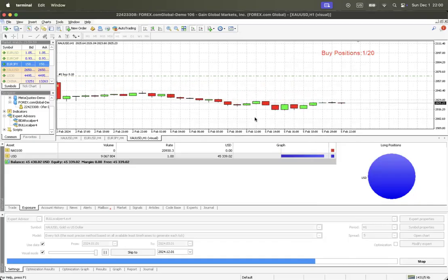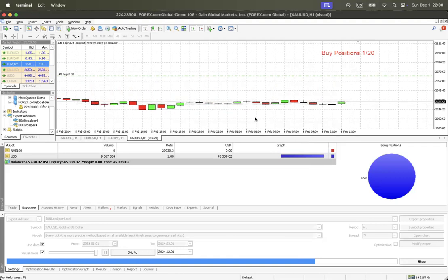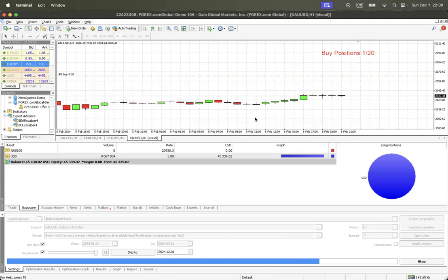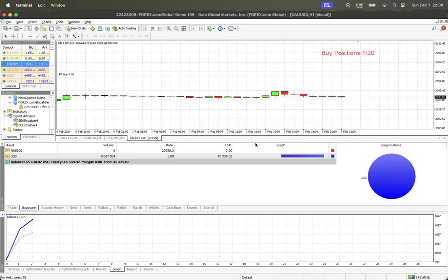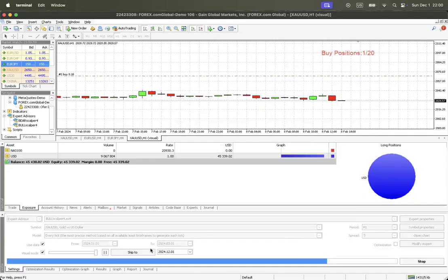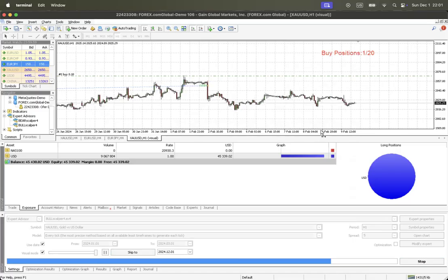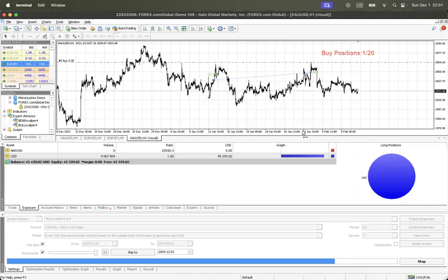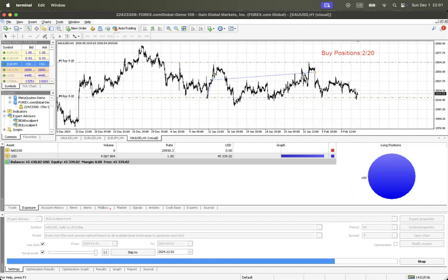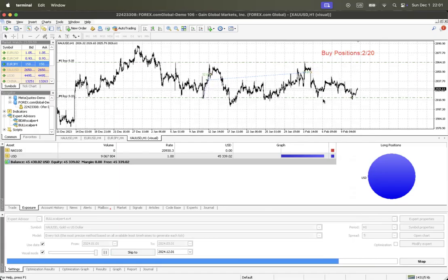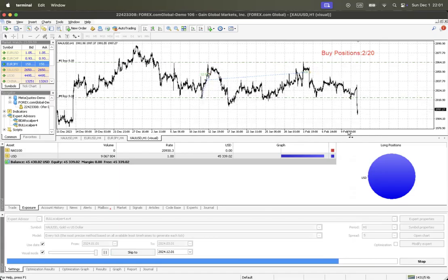Of course, it's really not a risky strategy at the moment that we were looking at. It made just a few trades.